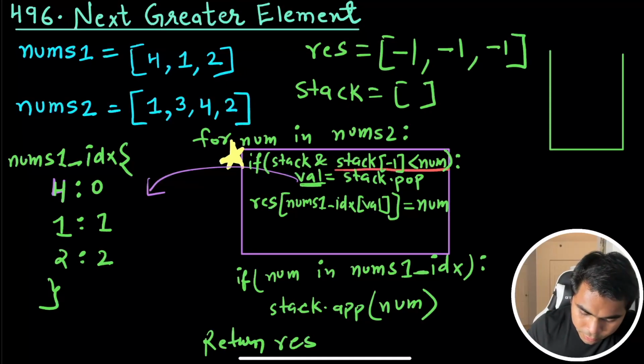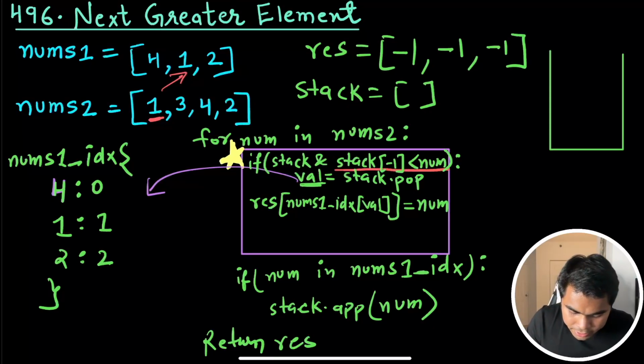Okay, what's happening is I come to 1, now processing 1. Well, 1 is present in nums1, but my stack is empty, so I will put that to my stack. This if statement will pass. Then I'll come to 3. Well, 3 is not present here, but my stack is not empty. And also this 3 is greater than the top of my stack, so that is why I will process this value.